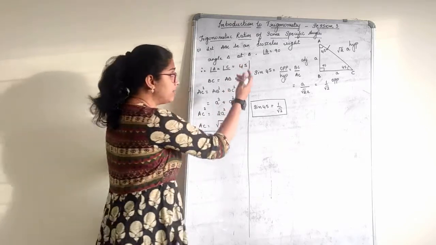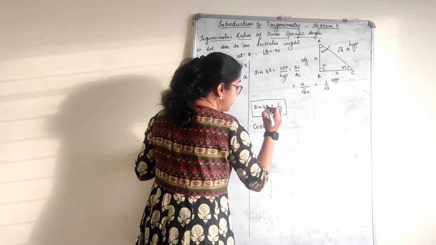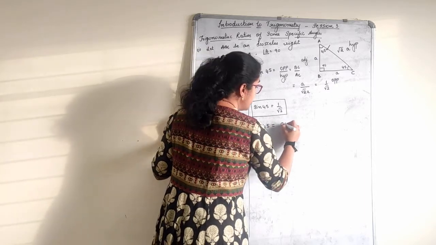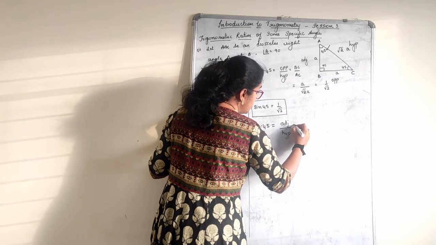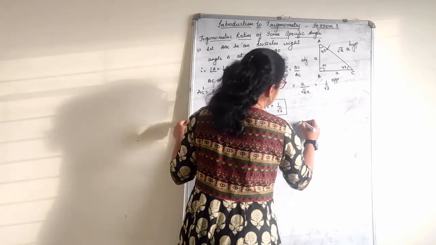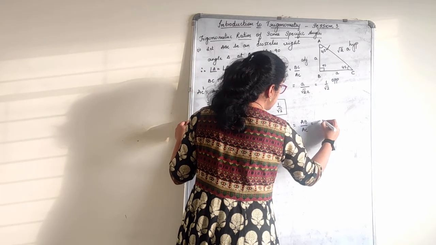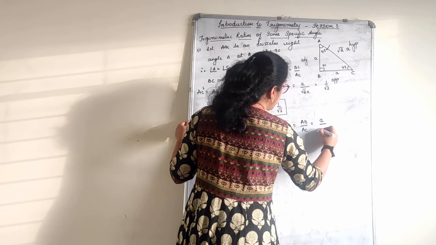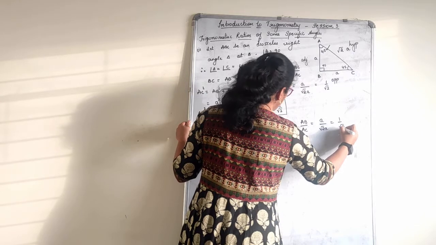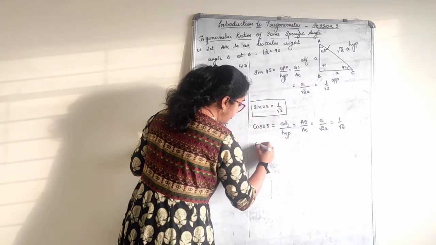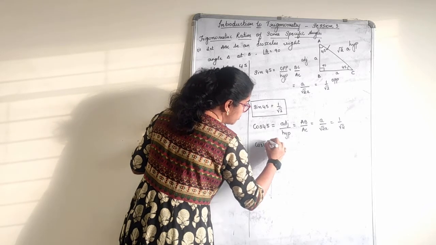This is the fact. Now let's go for cos. Cos 45 is equal to, what is cos? Adjacent upon hypotenuse. So what is your adjacent side? That is AB upon AC, that is nothing but a upon root 2a, which is 1 by root 2. So cos 45 is also equal to 1 by root 2.